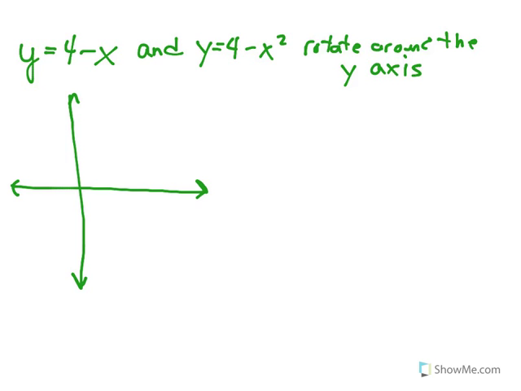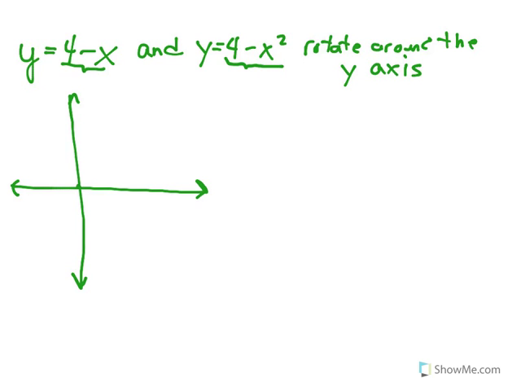Okay, what I see here is that I have a line and I have a parabola, like so. And if I were to graph them, let's look at a couple values.